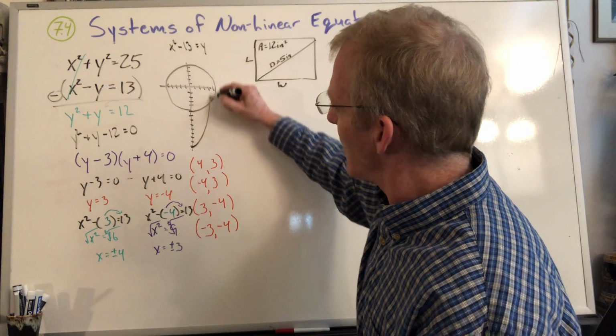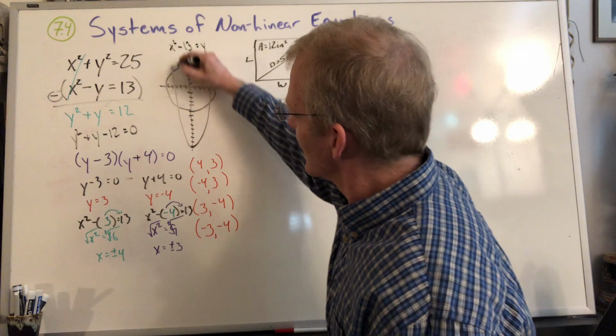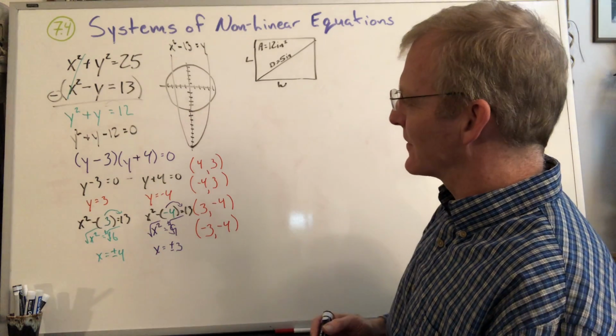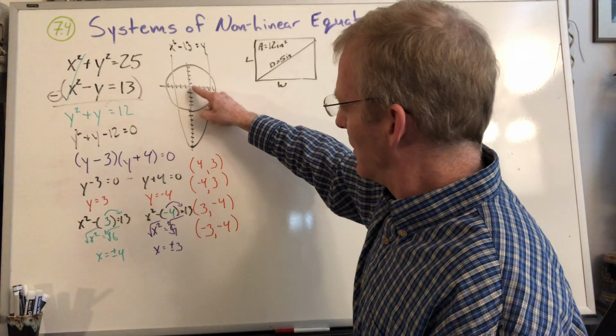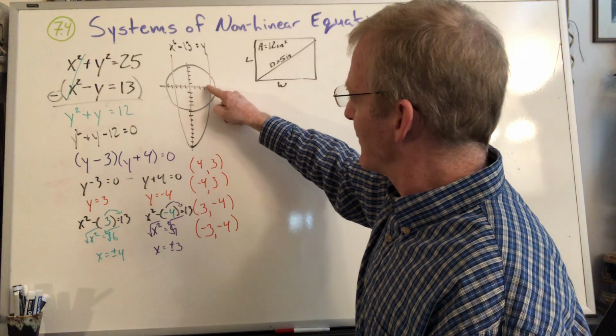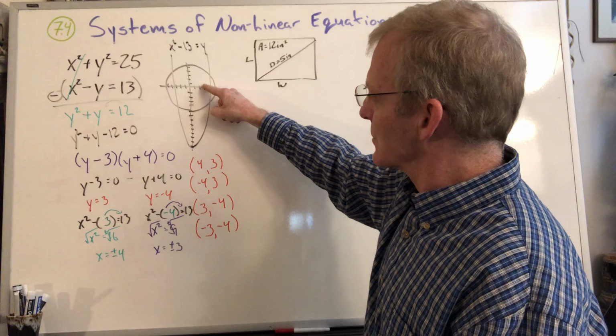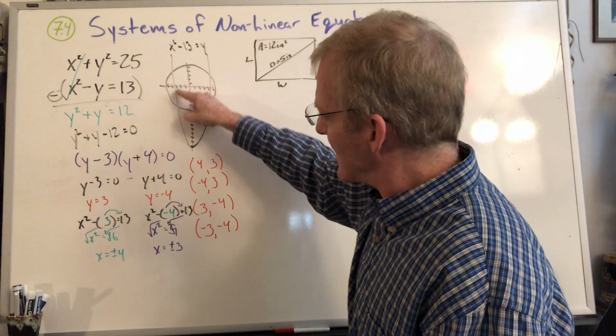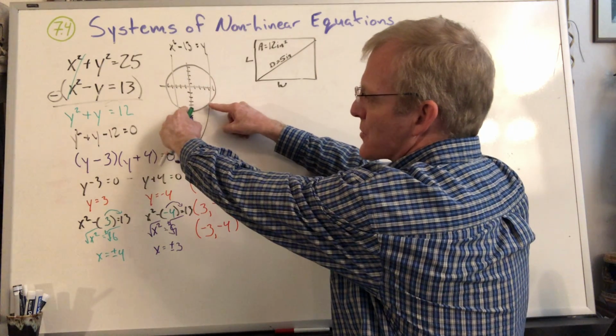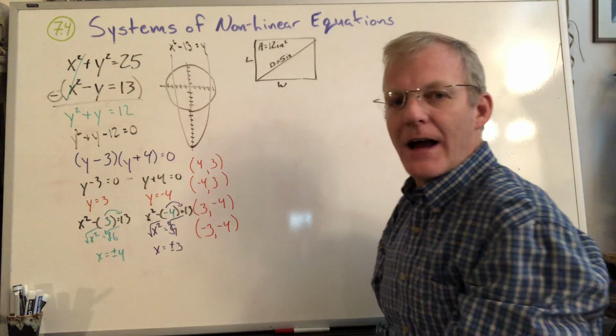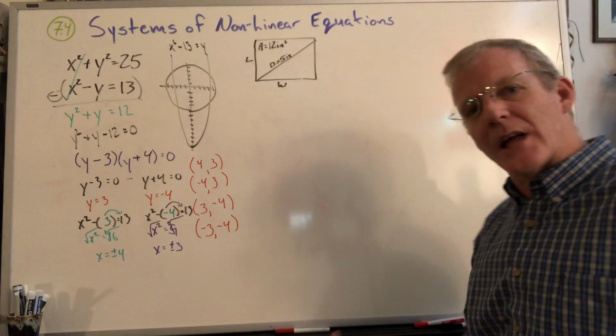And then it's going up. And I'll bet you it's going through 2 points like that, right? So it would be going through 3, negative 4, and negative 3, negative 4. And that would make sense that this would be a little closer in, and these two are a little further out, right? So that's what's going on in that problem.